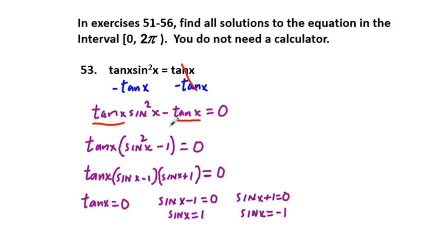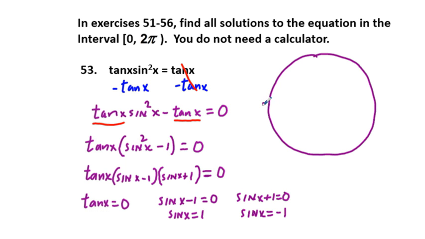Let's see where this happens. Okay, tangent x is going to be equal to 0 because sine over cosine is equal to tangent, right?